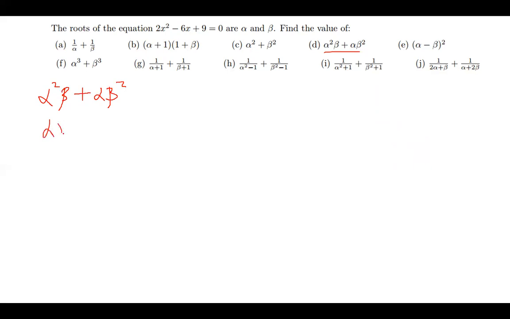Once I factorize, I'm going to remain with 1 alpha here, and on the other one I'm going to remain with 1 beta. So where there's alpha plus beta, I'm going to put 3, and where there's alpha beta, I'm going to put 9 over 2, according to what we found: alpha beta was 9 over 2, and alpha plus beta was 3. So I can put 9 over 2 and my 3 there. Then I'll finish, and then you finish it up.